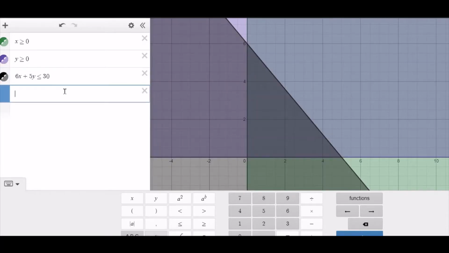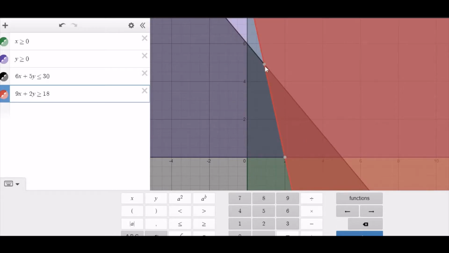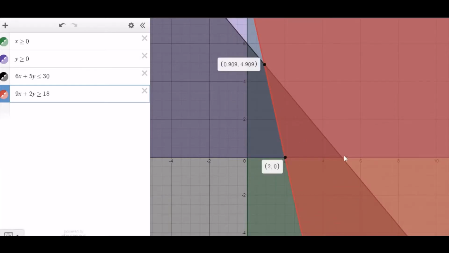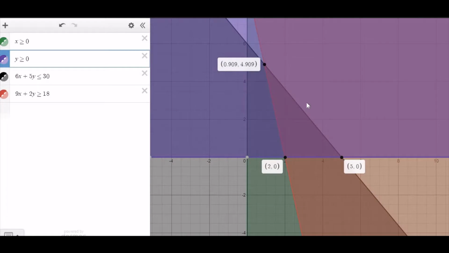And finally we have 9x plus 2y is greater than or equal to 18. Now this is our feasible region, this triangle, and let's copy paste that.